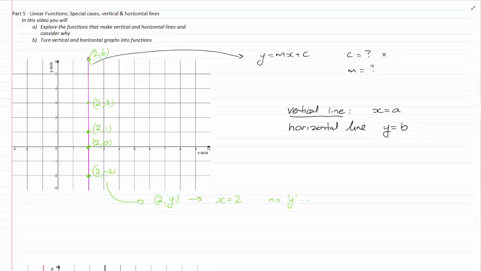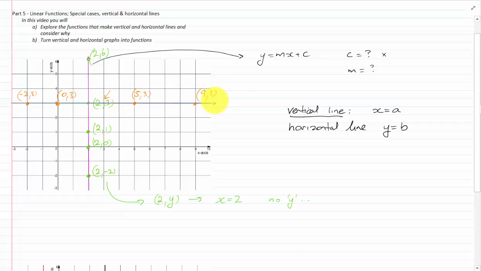So for example, if I just quickly plot a horizontal line here, you'll notice that for each point on this horizontal line, which I'll do in orange, we get (-2, 3), (0, 3), (2, 3), (5, 3), (9, 3).